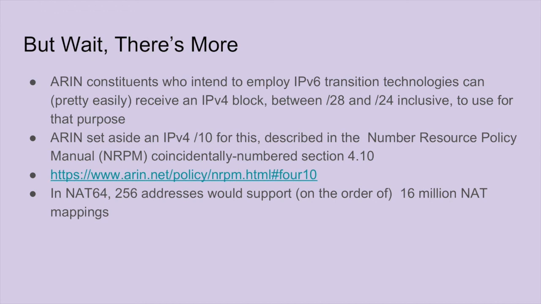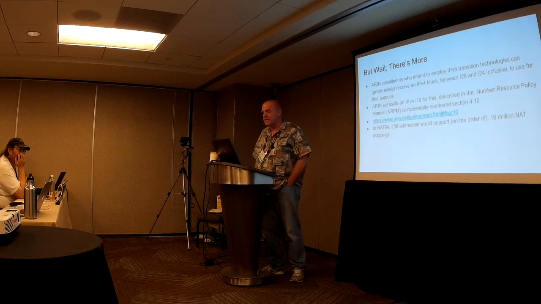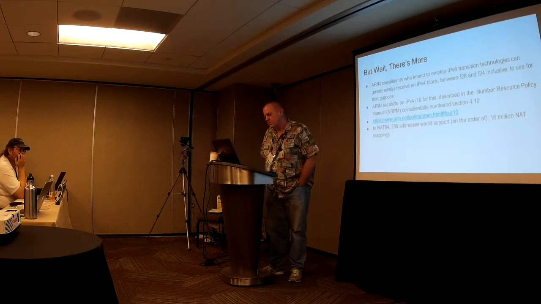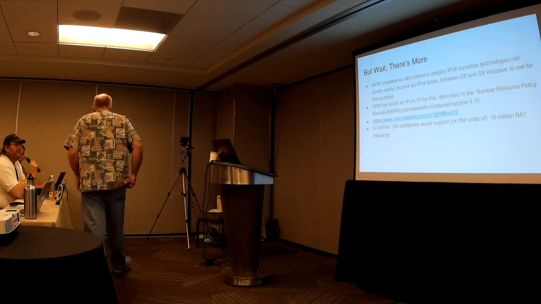Because when ARIN got the last /8 from IANA, they actually just set aside a /10, and then in the new number resource policy manual, they coincidentally numbered section 4.10. It's IPv4 /10, which you can go look at. ARIN's ready, willing, and able to do that, and they've even implied that it isn't that hard if you're doing NAT64 or if you're doing a V6.